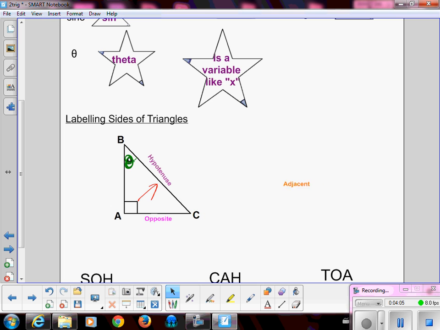Okay? And finally, the leftover side is the adjacent. Now, you might say, do I have to put that? Do you know what? It takes less than 3 seconds to find your hypotenuse, put H, find your angle, O, and put an A. It really doesn't take that long, and it's well worth your time to do that.